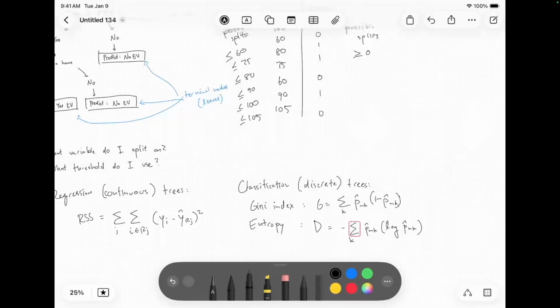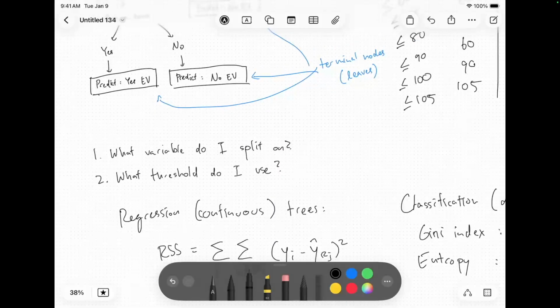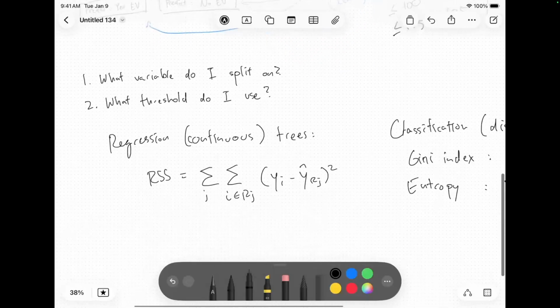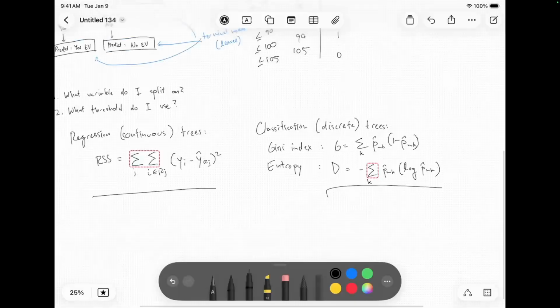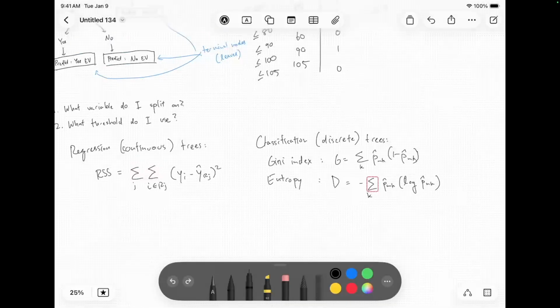Okay, so the answer to our two questions is that I'm just going to look at all possible outcomes and then choose the one that gives me the best value if I'm continuous, or the best value if I'm doing classification. This is kind of like stepwise regression in some way.